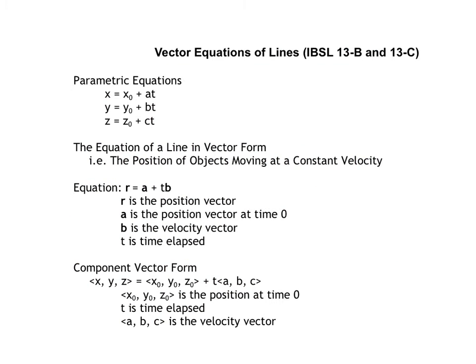So let's take this one step further and incorporate the vectors a little more directly. All right, we just saw these parametric equations. All right, here's the vector equation of a line, and this is what shows up in our formula booklet. Okay, the vector equation of a line.